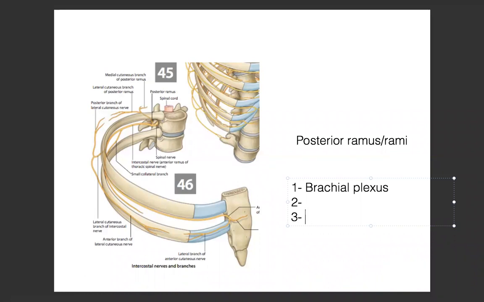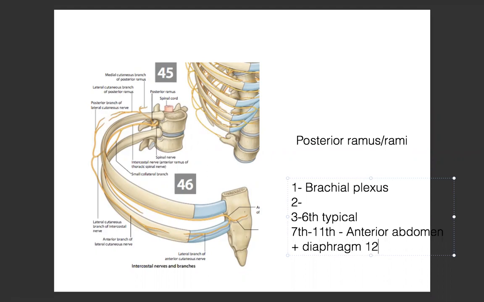The third until the sixth are typical. Then from the seventh going down to the 11th, they supply the anterior abdominal wall, and they supply the diaphragm.